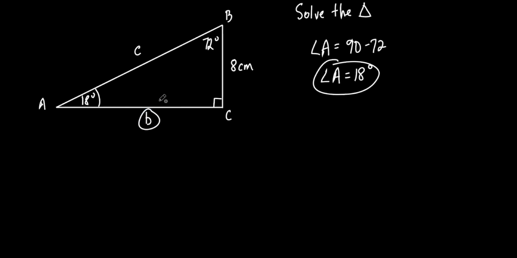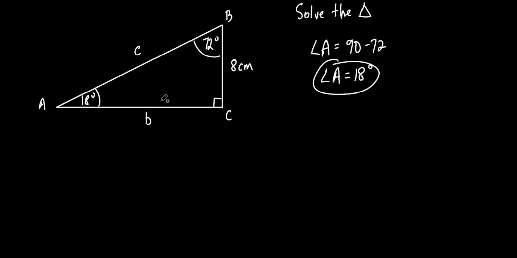So let's do B first. We'll just go in alphabetical order. It doesn't matter. We could use this angle, or we could use this angle. Which one would you rather use? The 72? All right, we'll use the 72.